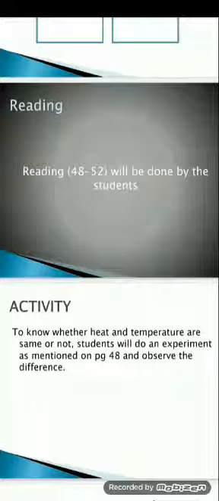So heat is the total energy of those particles, whereas temperature is not an energy. It is a measure of how hot or cold an object is. In simple words, heat is a form of energy and temperature is a measure of how hot and cold an object is. And temperature is measured in degrees Celsius.